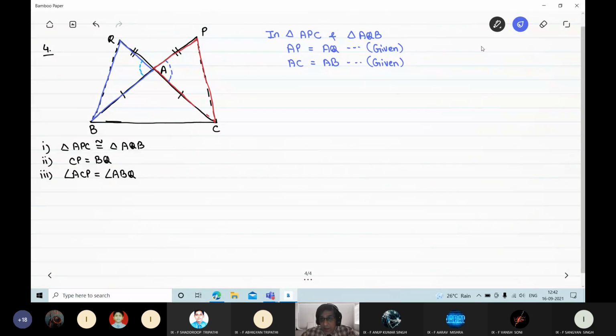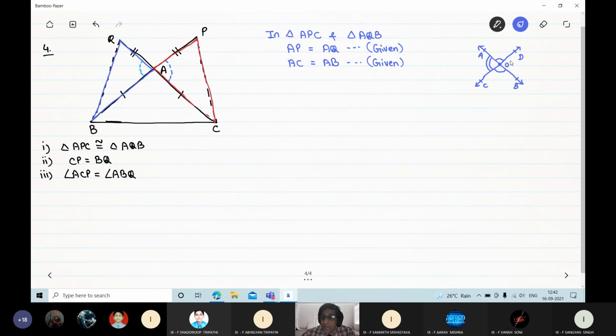In class 7, when we did lines and angles, did we not discuss an angle which is formed when two lines intersect at a point? What are these two angles called? These are vertically opposite angles.